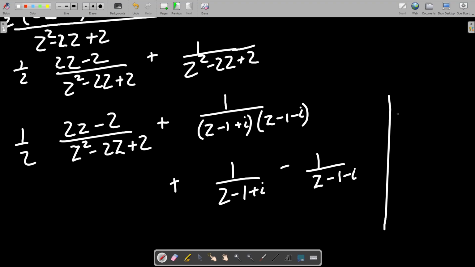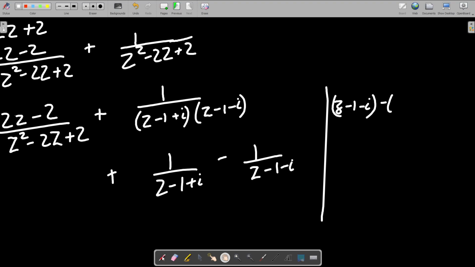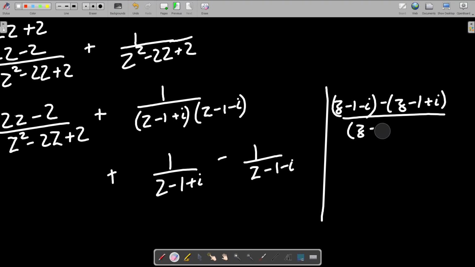So if I do this cross multiplication, this will give me z minus 1 minus i on top, minus z minus 1 plus i, upon the denominator, that's the product of z minus 1 plus i and z minus 1 minus i.